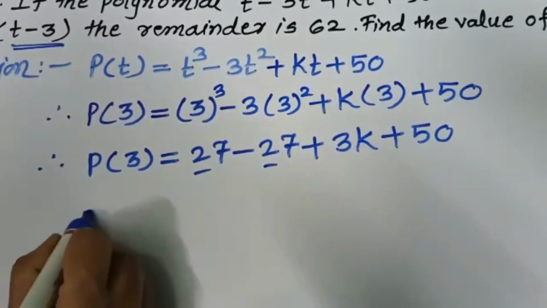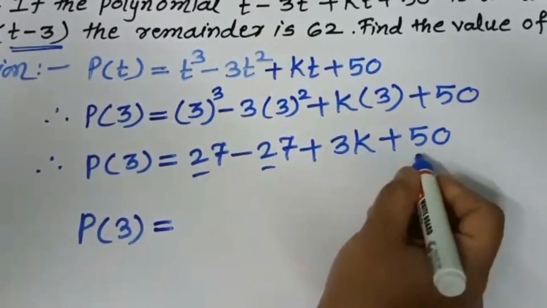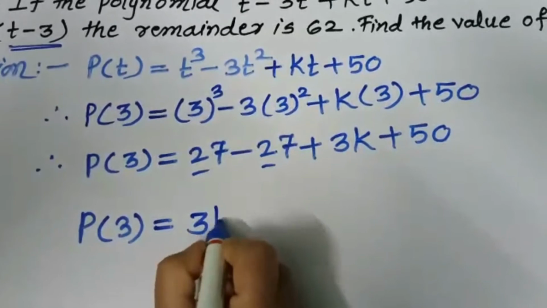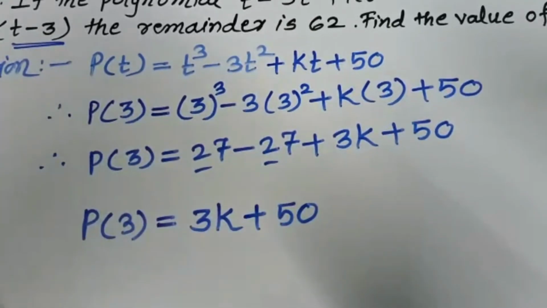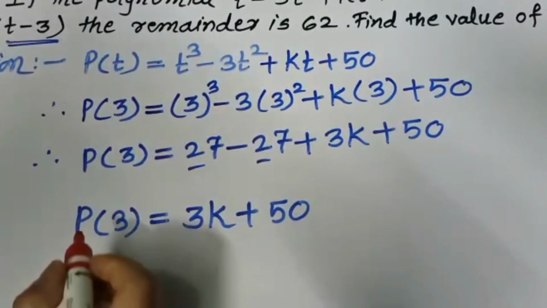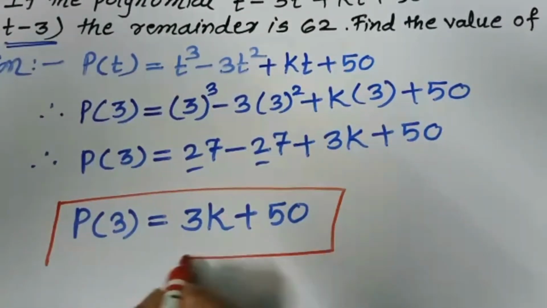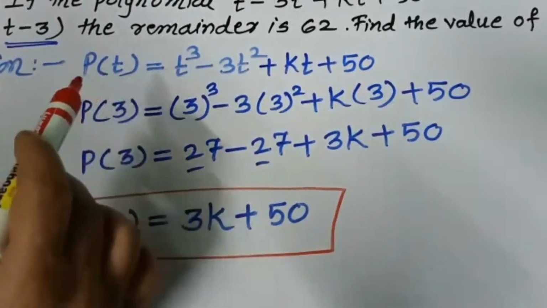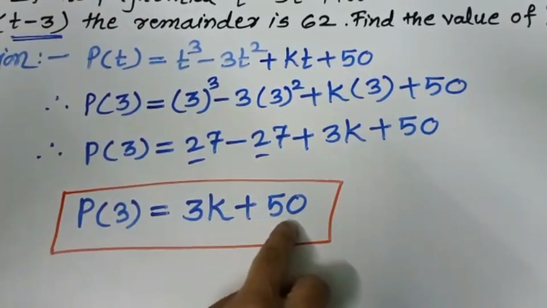So write p of 3 is equal to 3k plus 50. So it is the value of that polynomial by putting t is equal to plus 3. Means after dividing this polynomial in term of t by t minus 3, we got the remainder 3k plus 50.